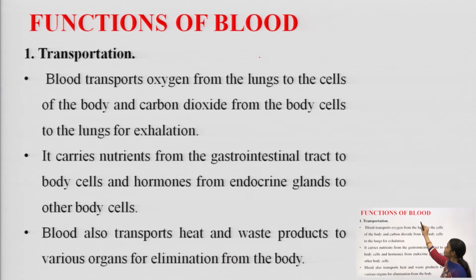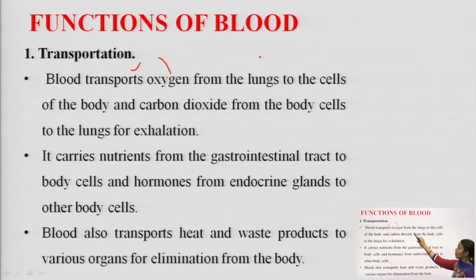Now the functions of the blood. Mainly the blood has three functions: the first one is transportation, the second one is regulation, and the third one is protection. Now we will start with the first function, that is transportation.